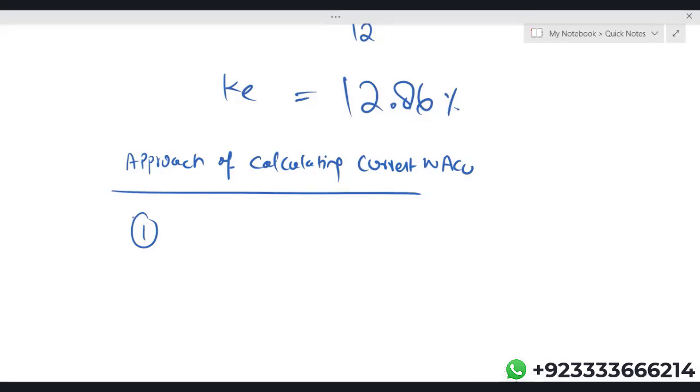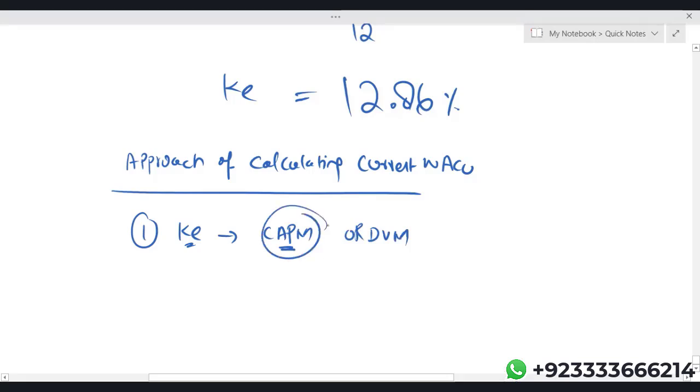So simply, we'll be calculating KE either by using CAPM or DVM, depending on the information. Let me repeat, students, it depends on the information. If the examiner has given me the information for CAPM, I'll use CAPM. If the examiner has given the information for DVM, I'll use DVM for calculating KE.